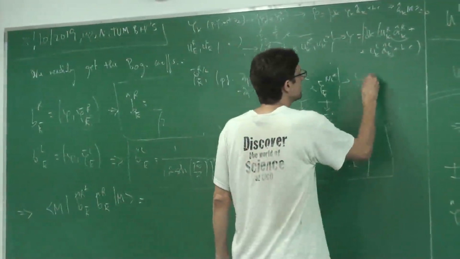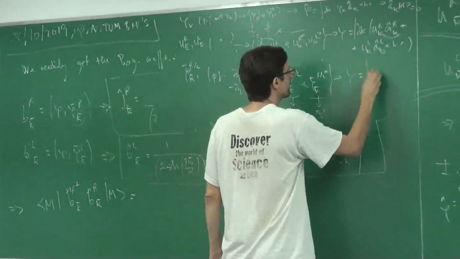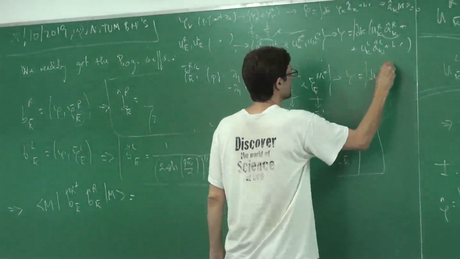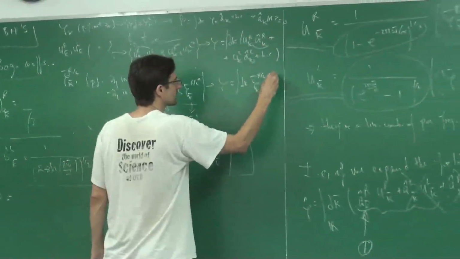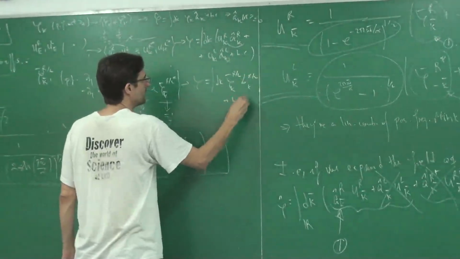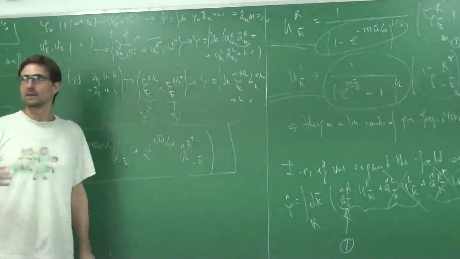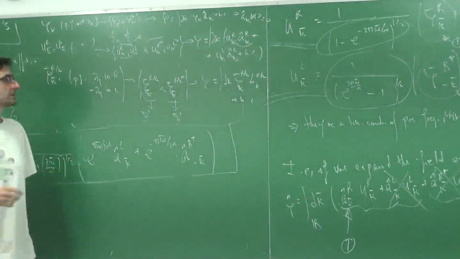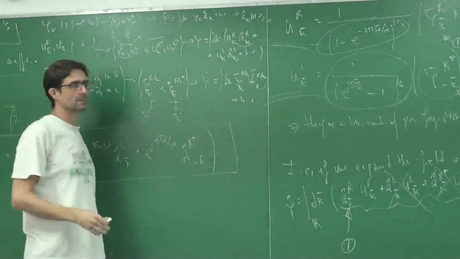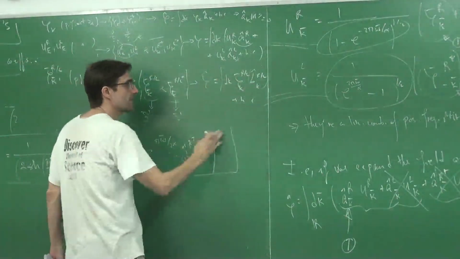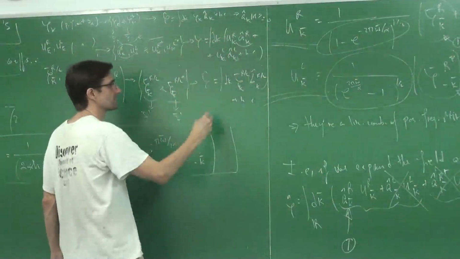So whenever you expand the field in terms of these, we call them b's, plus the Hermitian conjugate, the vacuum state that these Fourier coefficients define is not the same as this vacuum state.